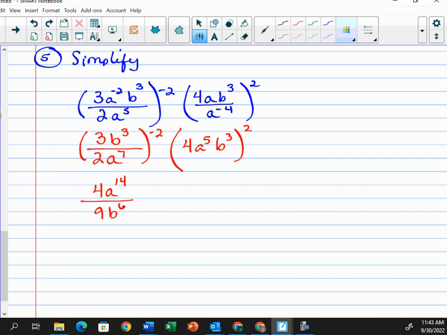Okay? All right. This, there's no fraction, there's no negatives, you are just squaring it. So I have 16, a to the 10th, b to the 6th. You can put it over 1 if that makes you feel better.